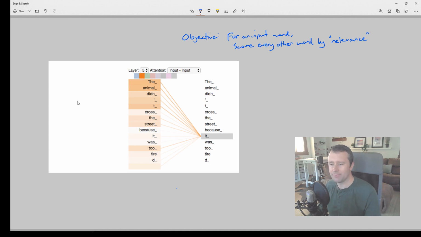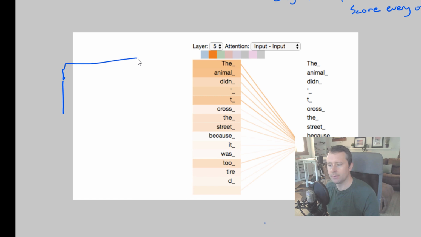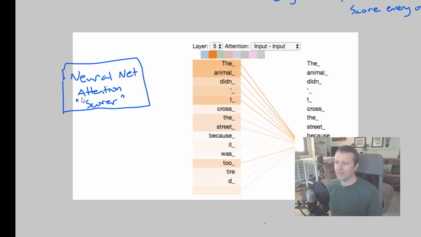Well, the first thing that came to my mind was, what if we build this neural network, and we could call it the attention scorer. And we could feed in pairs of words, right?